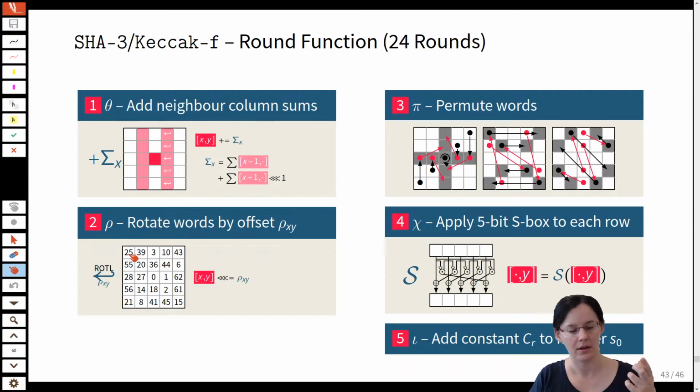So the top left one is rotated by 25, and the next one by 39, and so on. So these are not shifted, so you don't lose the overflowing bits, but rotated. So you shift and then take the overflowing part and copy it to the other half. You know how rotation works. Okay, so this is along the z-axis.